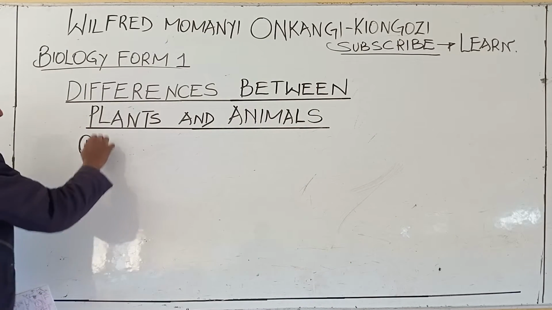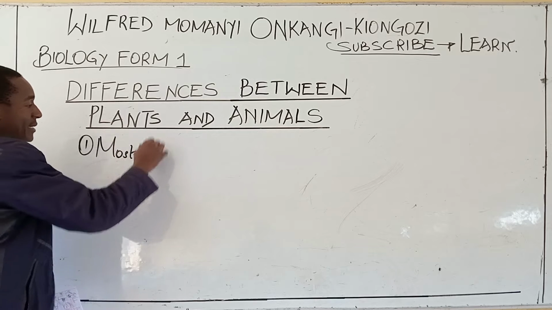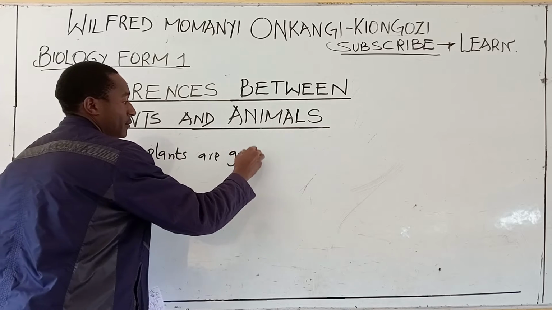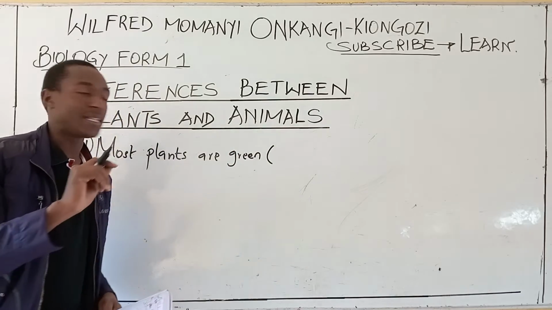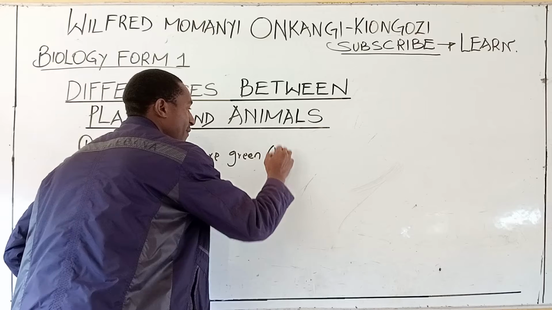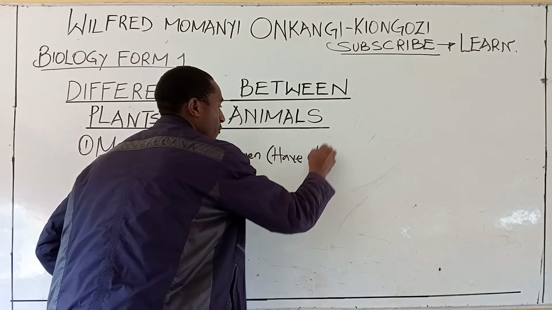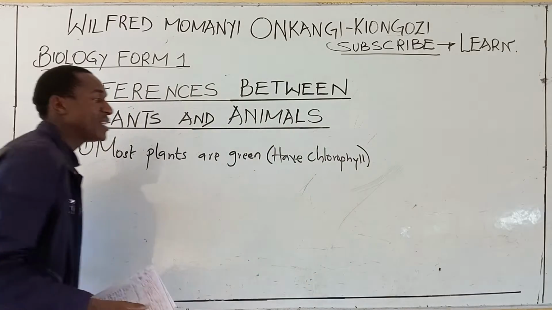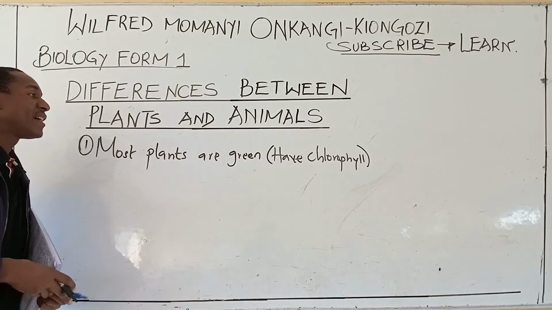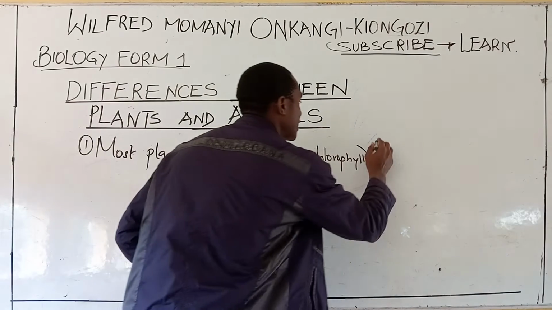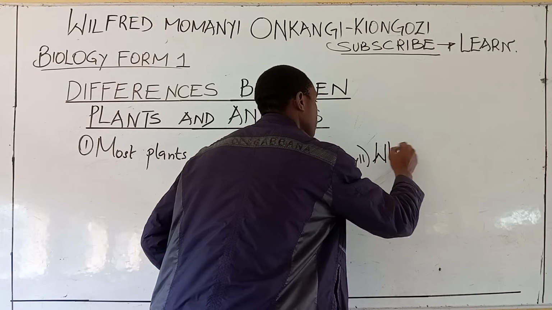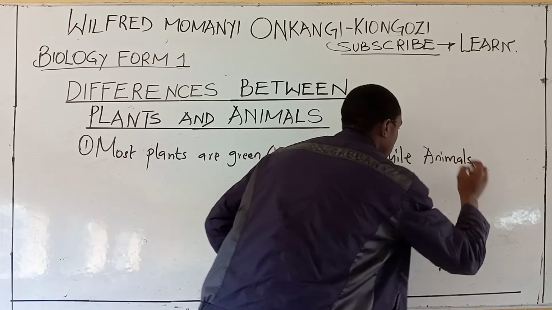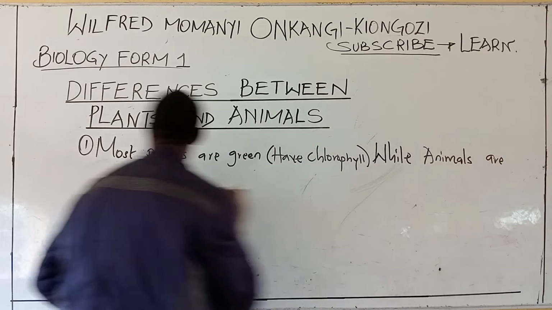So, number one, most plants are green. Being green means they have chlorophyll. So that means they are able to manufacture their own food. But animals, we differentiate, we say while animals are non-green.